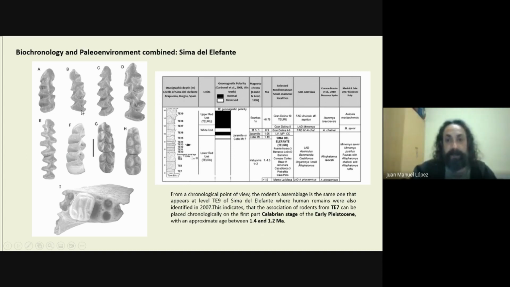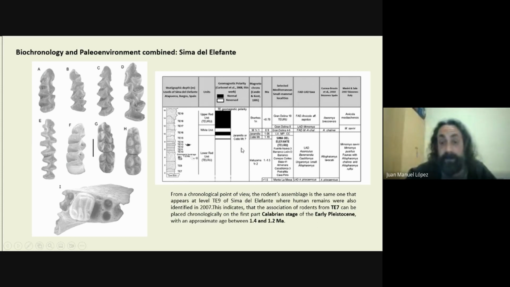We can find the typical species from Sima del Elefante like Mimomys savini, Allophaiomys lavocati, Microtus nutiensis, and other species that are different kinds of voles. There are two different kinds of mice, and this is a dormouse that are typical of these chronologies.